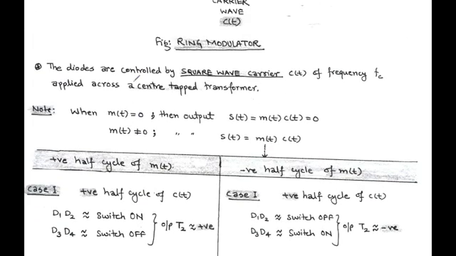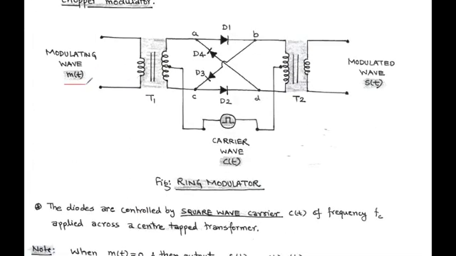Here the message signal is positive and the carrier is also positive. So diodes D1 and D2 are forward biased or switched on, whereas diodes D3 and D4 are switched off or reverse biased, and correspondingly we get a positive output at transformer T2.